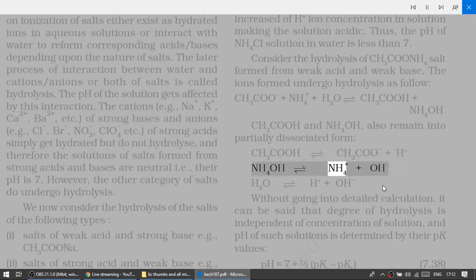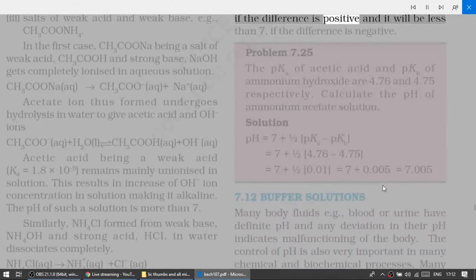Without going into detailed calculation, it can be said that the degree of hydrolysis is independent of the concentration of solution, and the pH of such solutions is determined by their pK values: pH = 7 + ½(pKa − pKb). The pH of the solution can be greater than 7 if the difference is positive, and it will be less than 7 if the difference is negative.